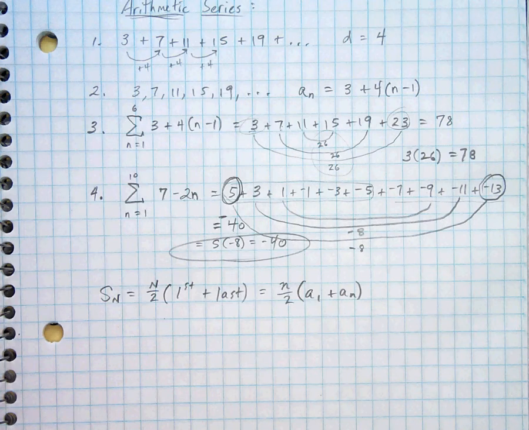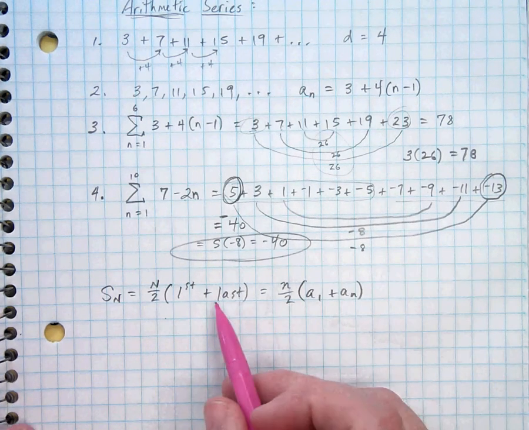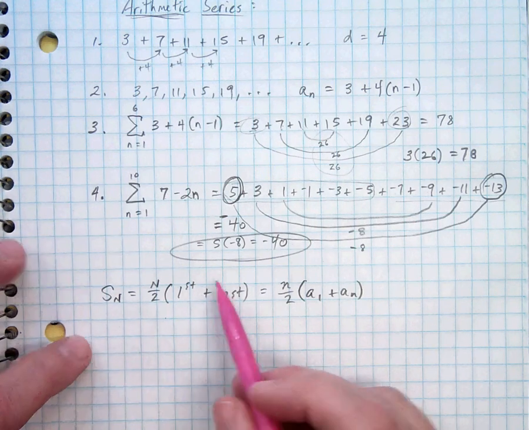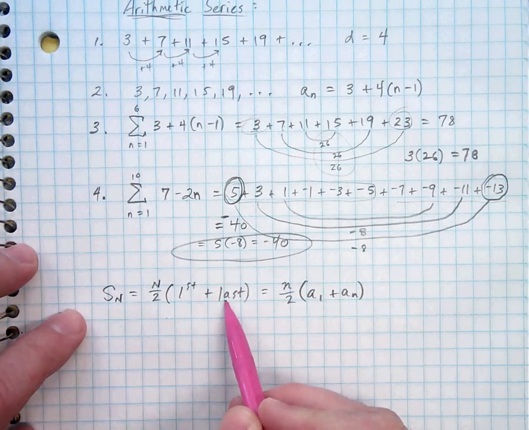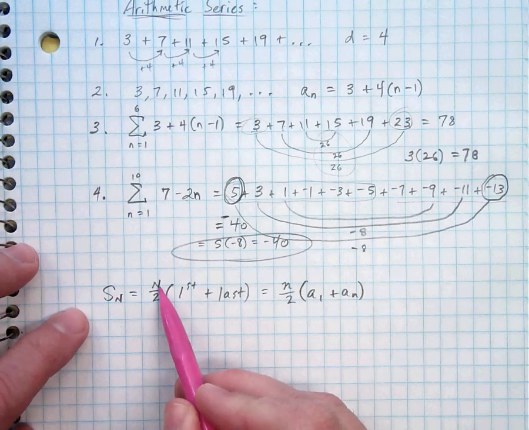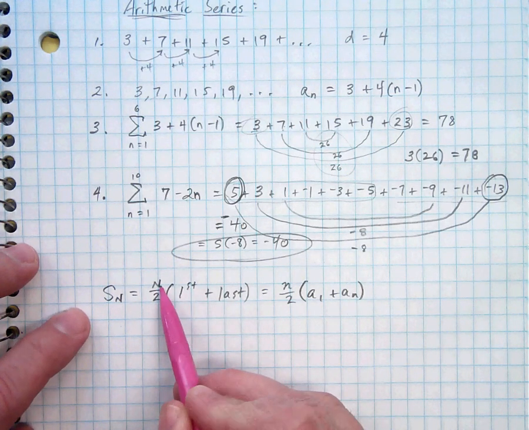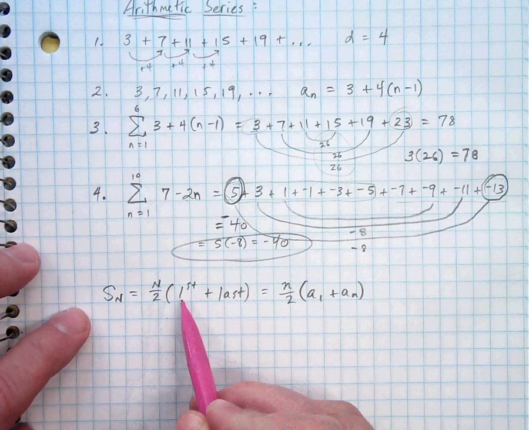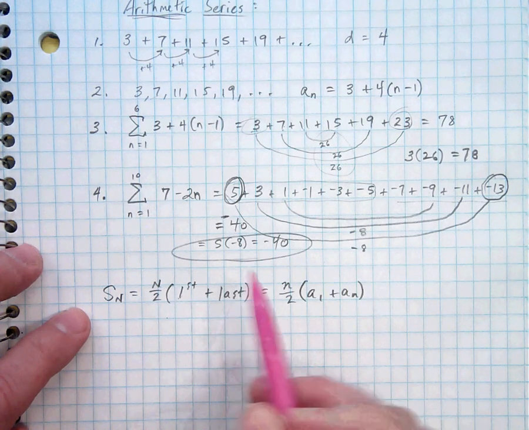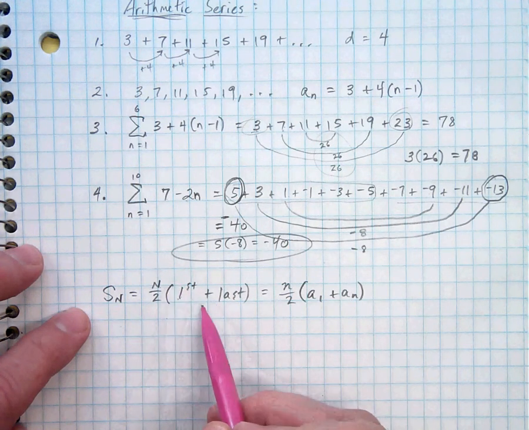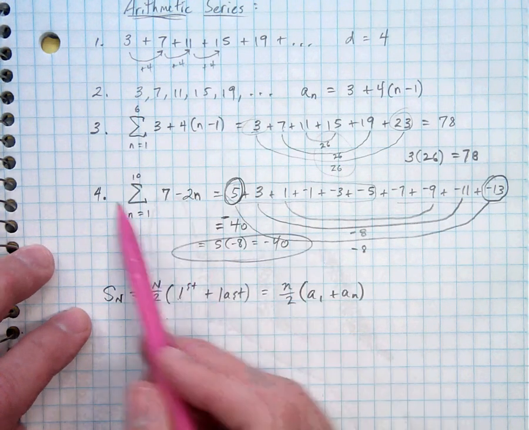All right, so I was in the middle of talking about this formula right here. This is the formula for arithmetic series, where n represents how many numbers you're adding up, this is the first number in the sequence, and this is the last number in the sequence. So I'm just going to use this shortcut formula for what I just did up here.